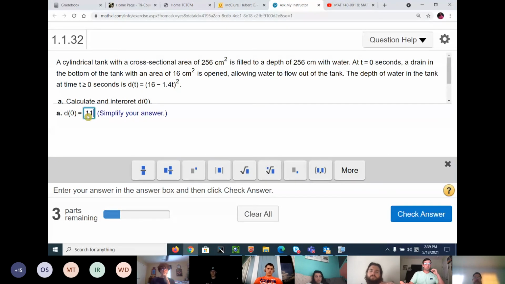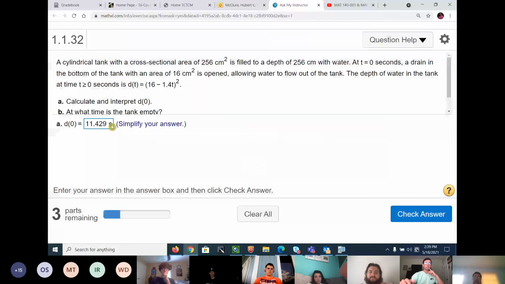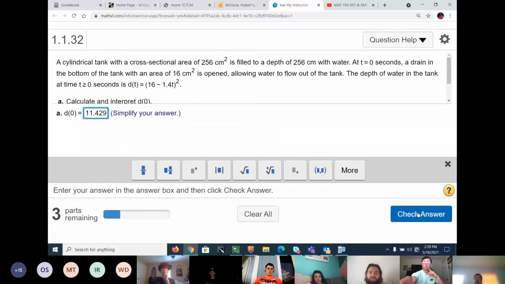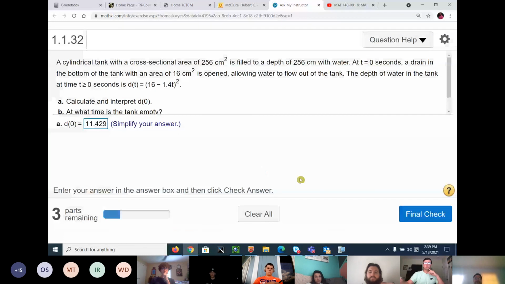Now, I don't see any units. I don't know if they want you to, but we're talking about seconds, so I'm going to put seconds. Hubert, you don't need to put down any unit of measure. Thank you. At least I don't think you do.